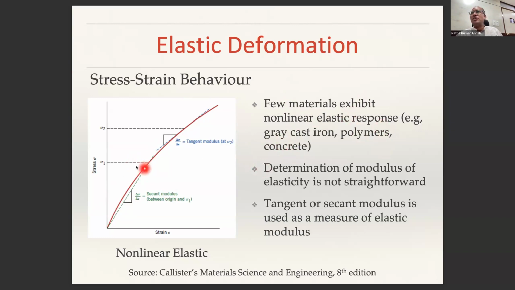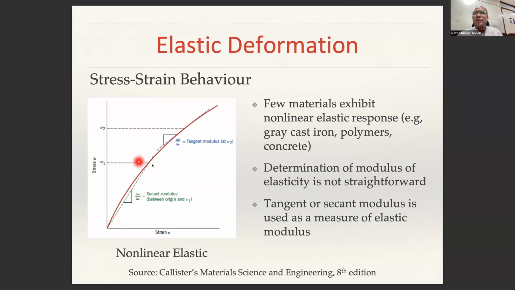So the modulus is not straightforward. There are two ways at each and every point. Suppose you are measuring elastic modulus at sigma 1, you can draw a tangent here, and the slope of the tangent can be reported as the modulus at that particular stress or strain. Or there is another way, something called secant modulus.